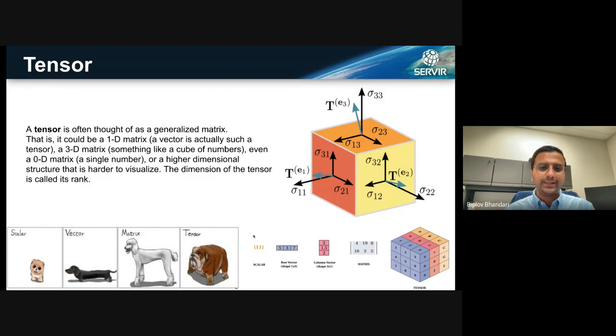It just represents some form of number. And then there is the one-dimensional case, which we refer to as a vector. You could have a row vector or a column vector.